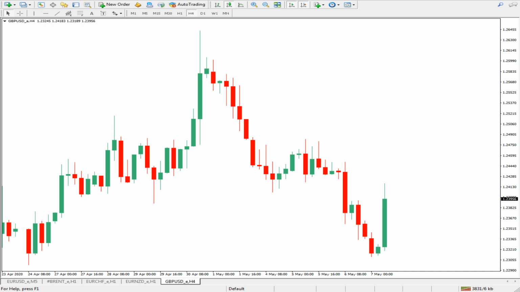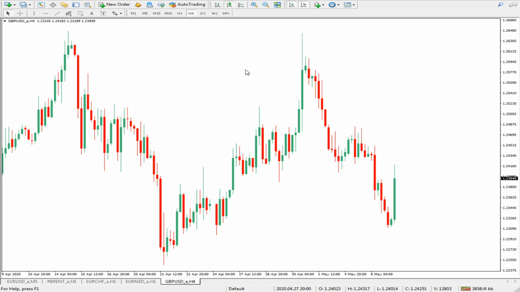So today is 7th of May, and we'll start by looking at the chart on our screen. This is GBP USD. So far, we've seen some continuation to the last. The price reached a high. This was a very good resistance previously.